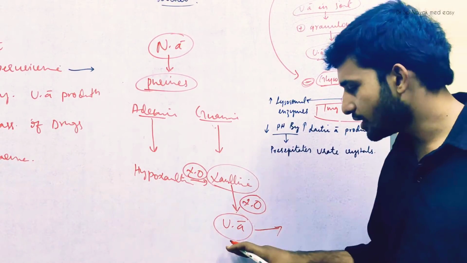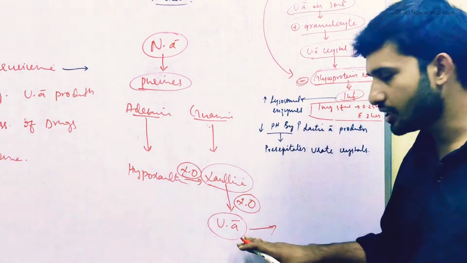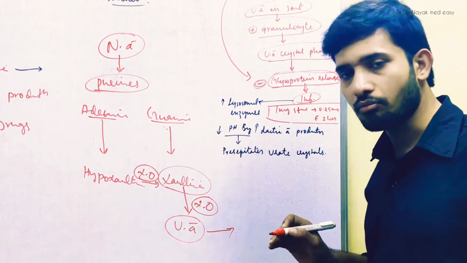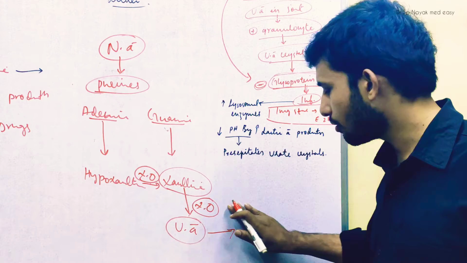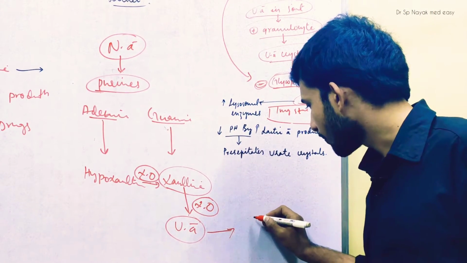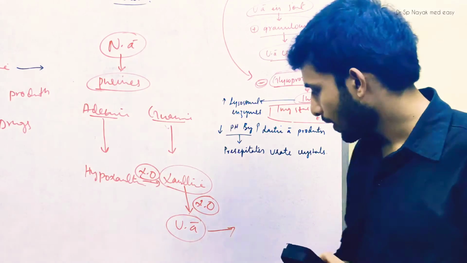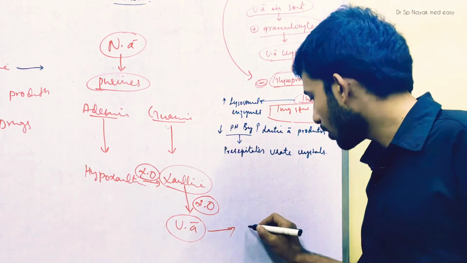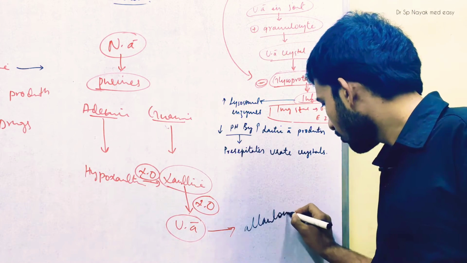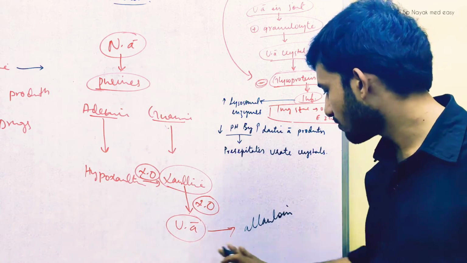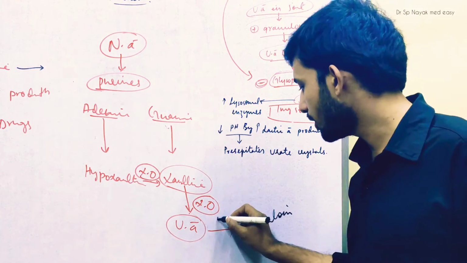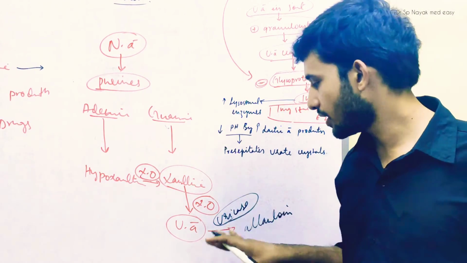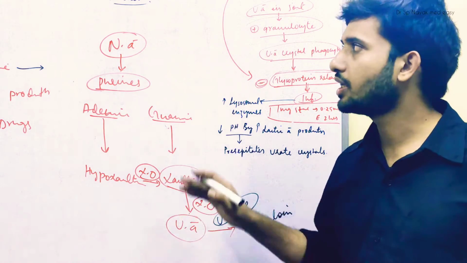Because after the synthesis of uric acid, this uric acid is again converted into a water soluble substance called allantoin in the mammals. So this uric acid is converted into allantoin by a very important enzyme called uricase. So the uricase enzyme is absent in human beings. So that is the reason uric acid accumulates in the body and it causes some lethal effects.